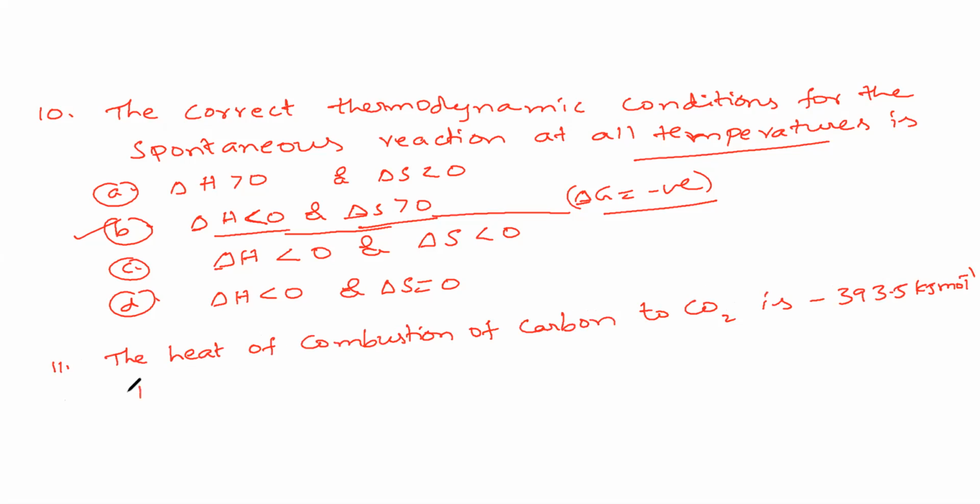The heat released upon the formation of 35.2 grams of CO2 from carbon and oxygen gas. This is a straight simple question. This model we have already done in lectures, so you can think it easily.